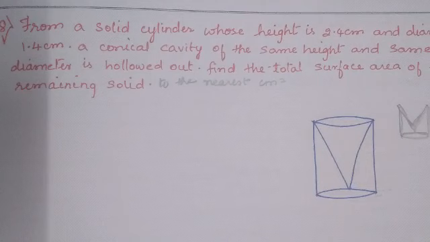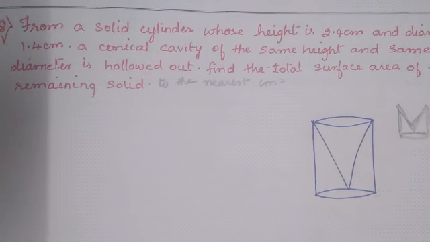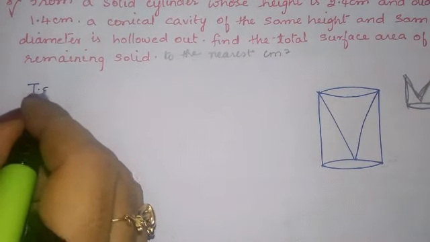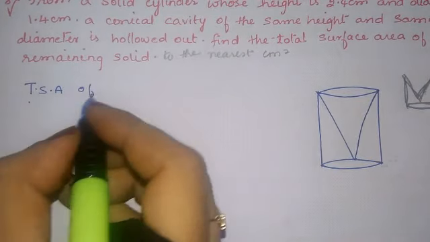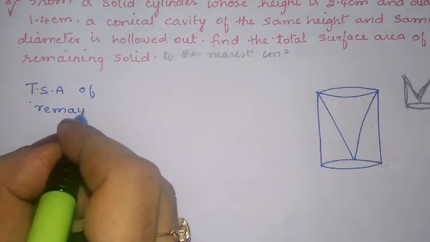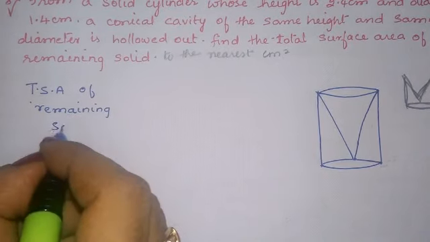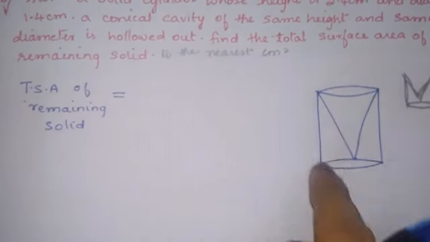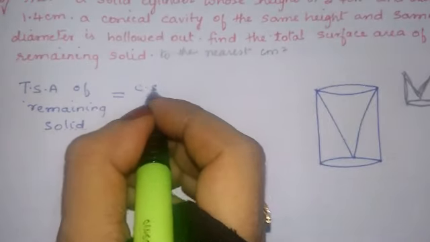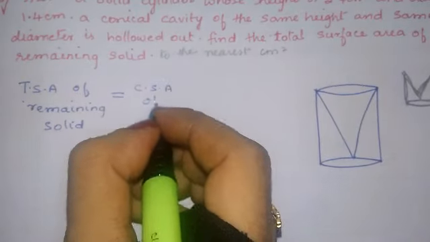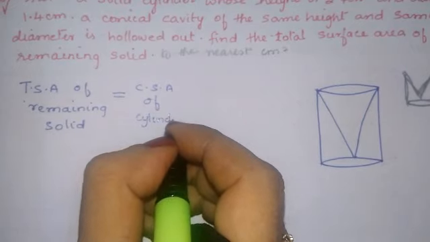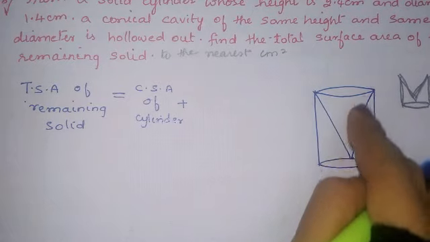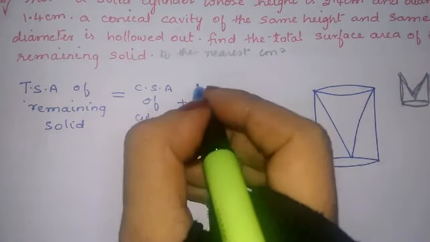Okay, let us start solving. What we have to find? Total surface area of the remaining solid is equal to first CSA of cylinder, then plus CSA of cone, because this part also is needed, right?